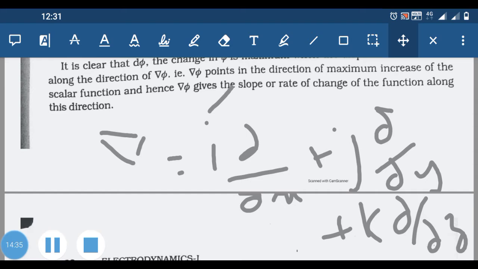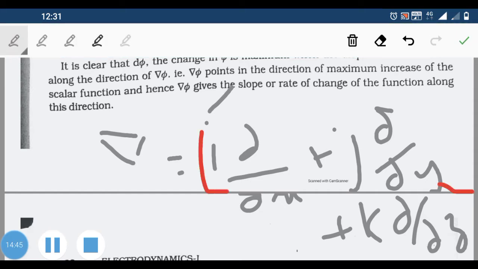Usually del operates on a scalar function, so it operates on this phi. So this becomes i dou phi by dou x plus j dou phi by dou y plus k dou phi by dou z. So in this class we have studied a new operator, which is called the del operator, and when it operates on phi we call it grad phi or del phi. In the remaining class we can study this further.